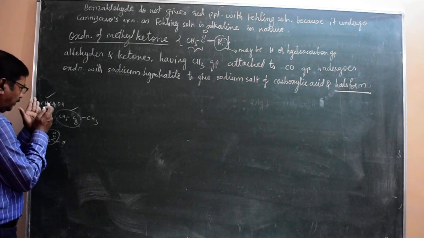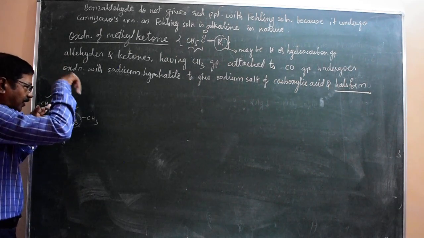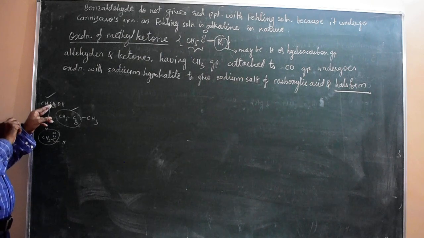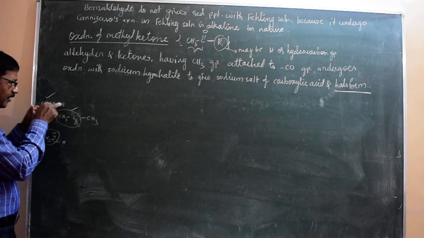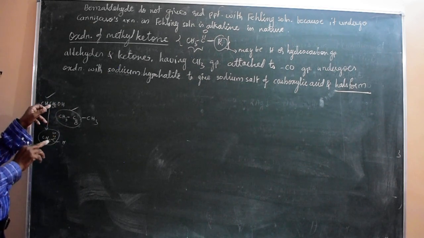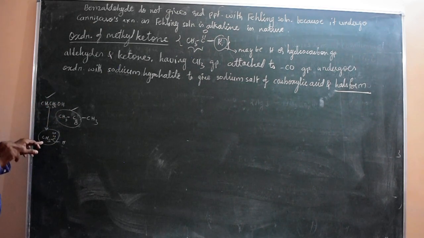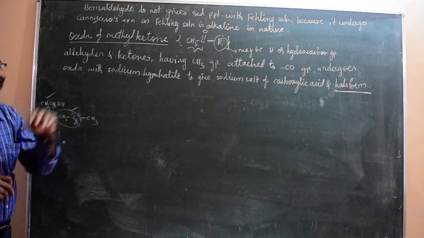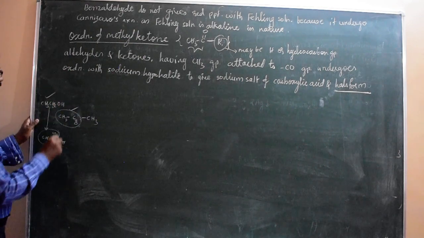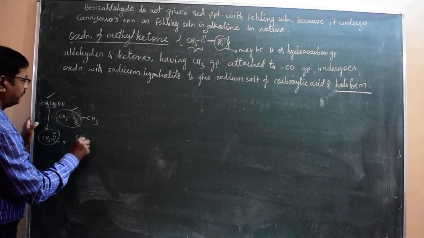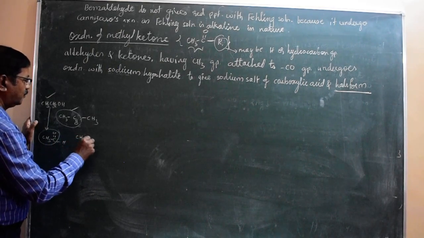That means a methyl group attached to a carbon containing an OH group undergoes oxidation to give the methyl ketone, and that gives the haloform. Well, I will give one more example.